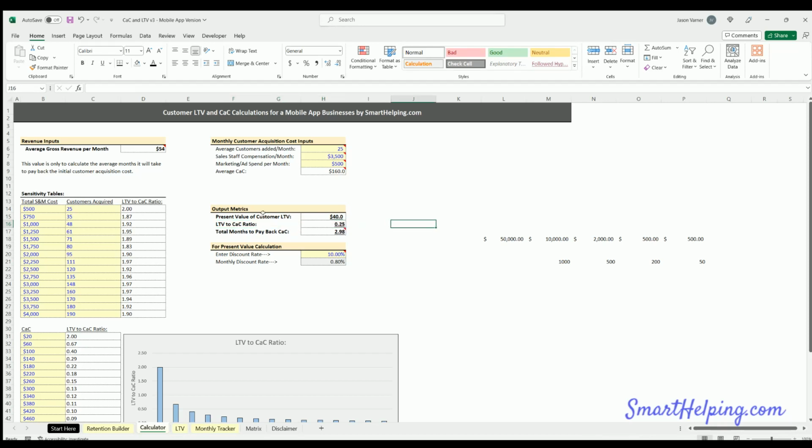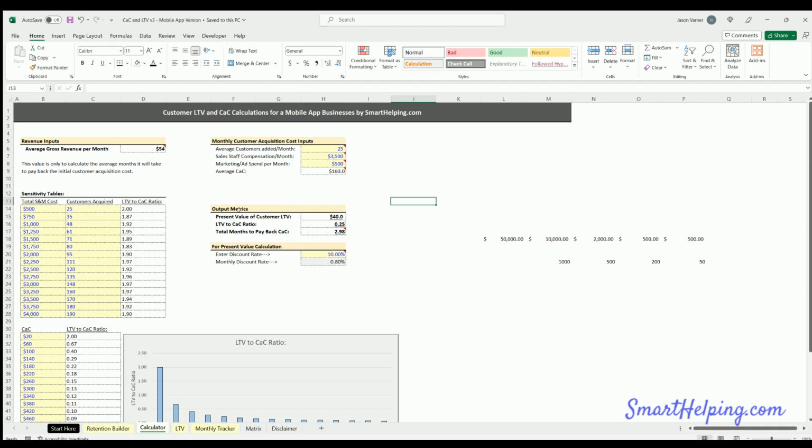And to make that accurate, we have to have the right customer lifetime value. Now, I took a present value because technically the money in the future is worth less than your initial cost of acquisition. So if you really want to get accurate, you should do a present value calc, which I have, but it doesn't make a huge difference in the present value. I mean, if it was like 20%, it would make a bigger difference. But you can zero that out if you don't want it to account for it.